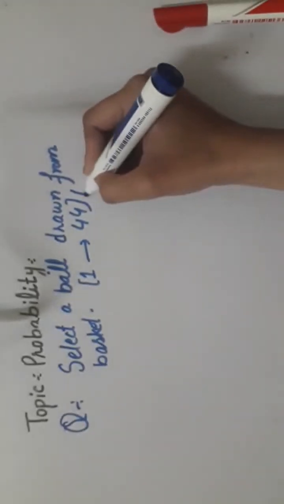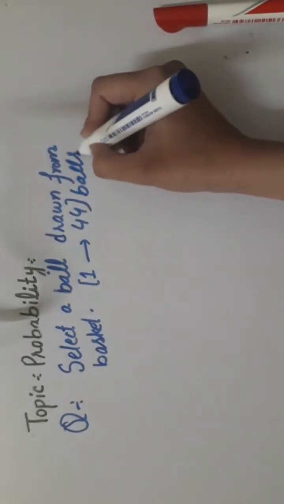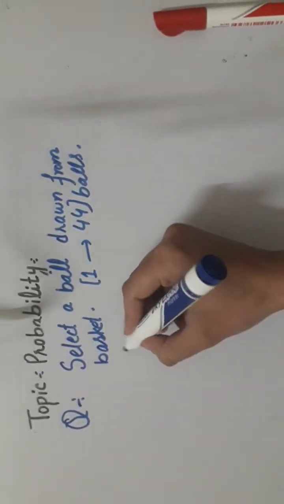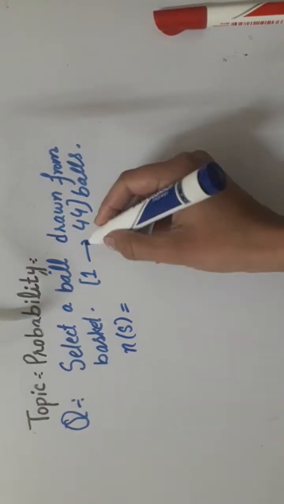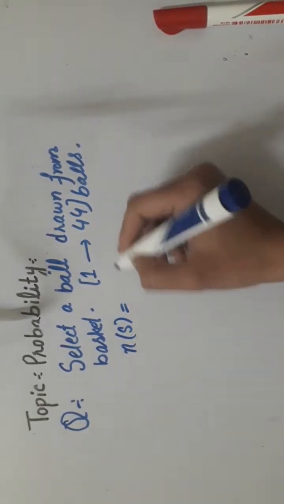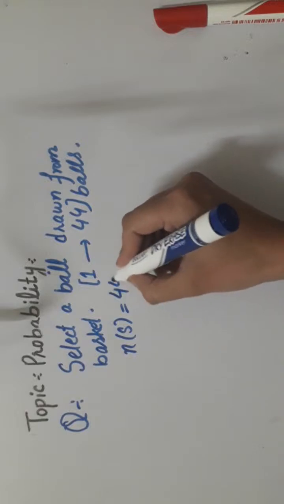The total number of balls is from 1 to 44. So the probability of any one ball will be, total number of balls is 44.